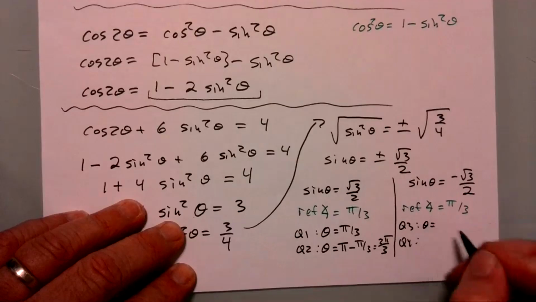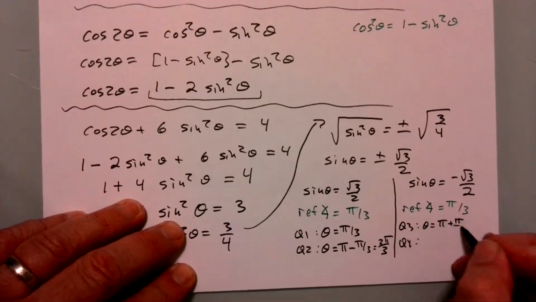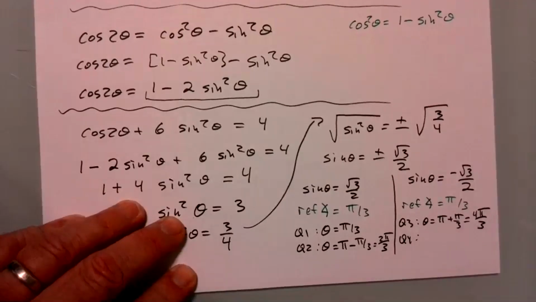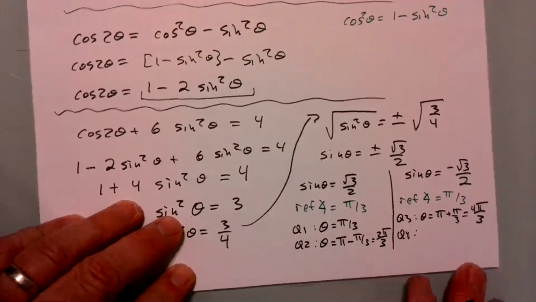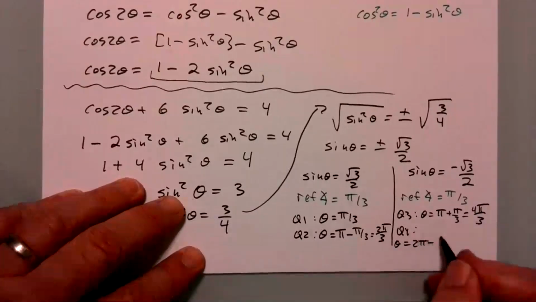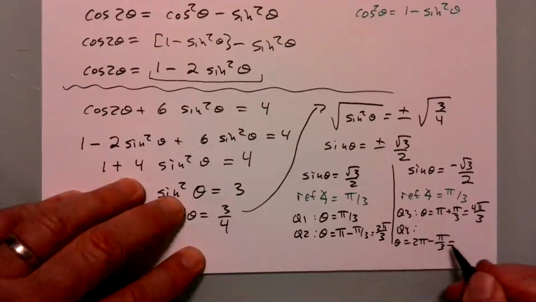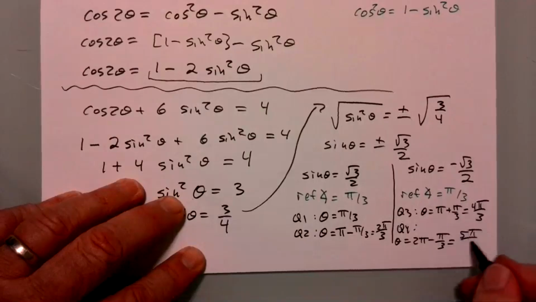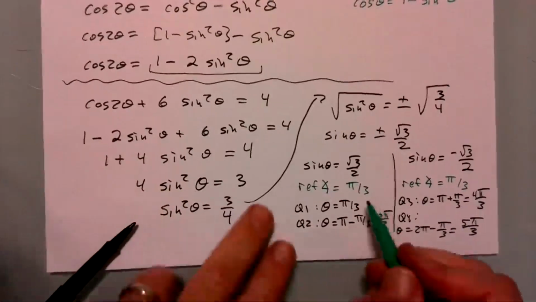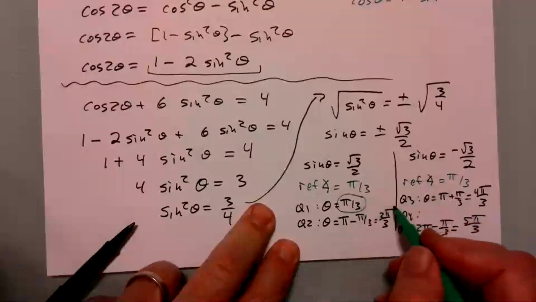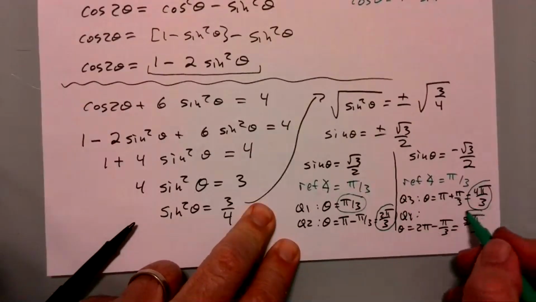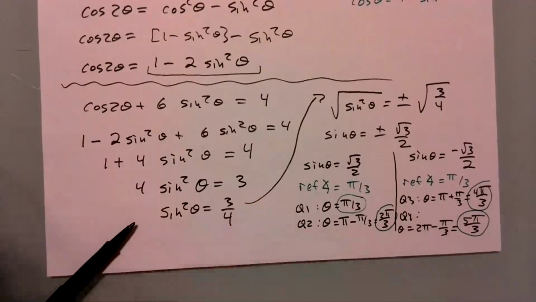Quadrant 3, theta is pi plus pi over 3, which is 4 pi over 3. And in quadrant 4, we get theta is 2 pi minus pi over 3, which is 5 pi over 3. So I believe we have all 4 answers in the interval from 0 to 2 pi. Pi over 3, 2 pi over 3, 4 pi over 3, and 5 pi over 3.